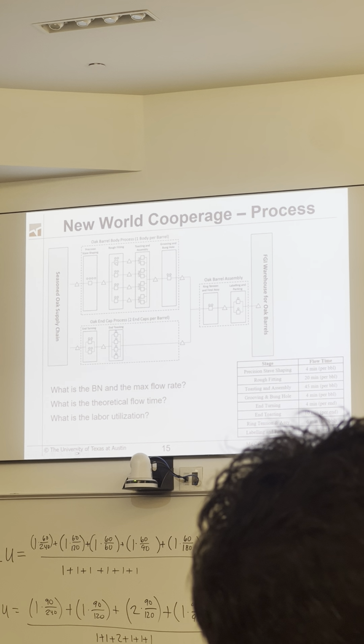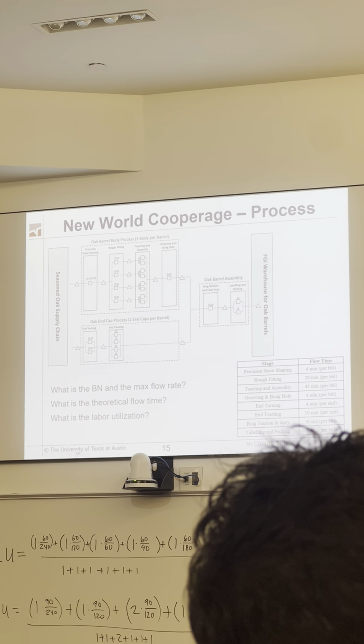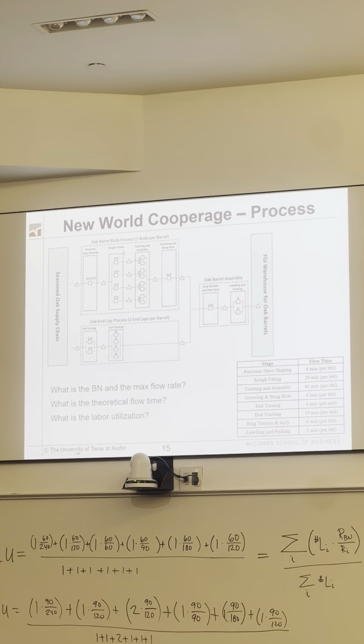There's two workers in that cubicle, two workers in that cubicle, two workers in that cubicle, and two workers in that cubicle. So later on when we're doing labor utilization, do you agree with me that there are 8 workers in that room? And therefore the labor utilization is going to be 8 people times whatever the bottleneck rate is that we're running the system at, divided by whatever that room is capable of doing, correct?